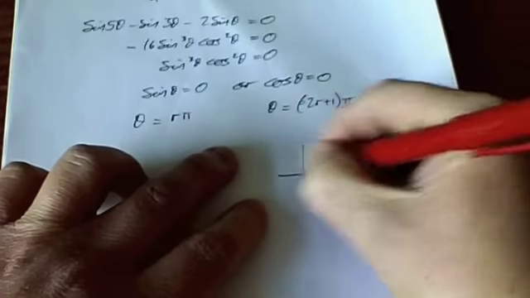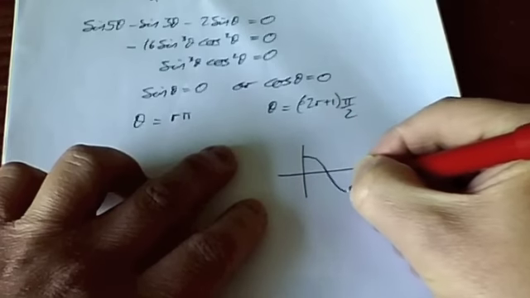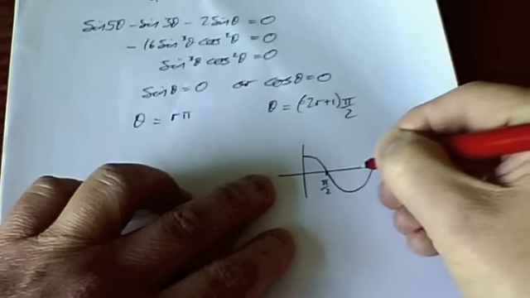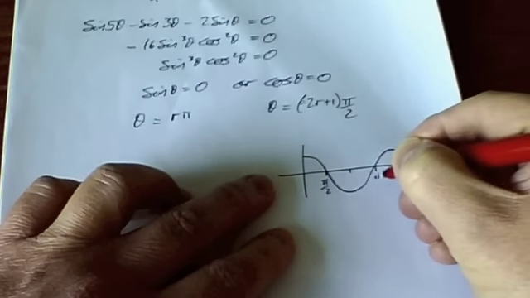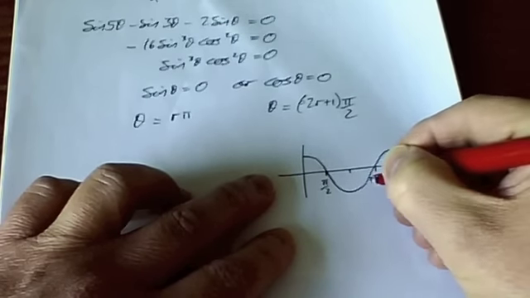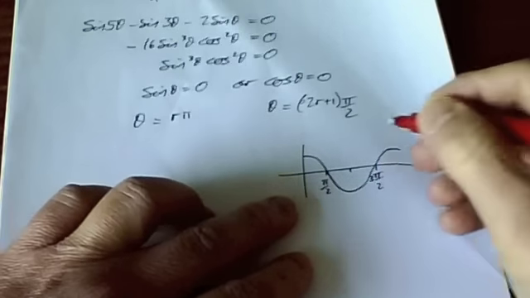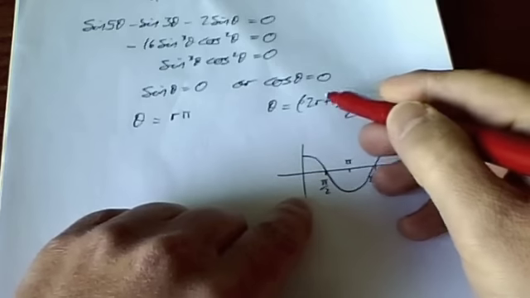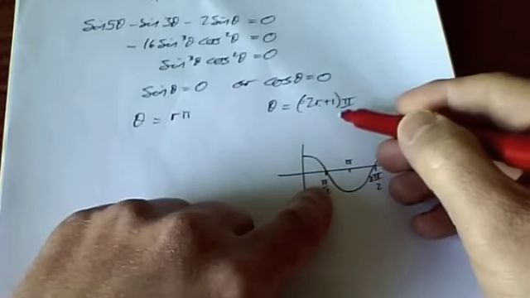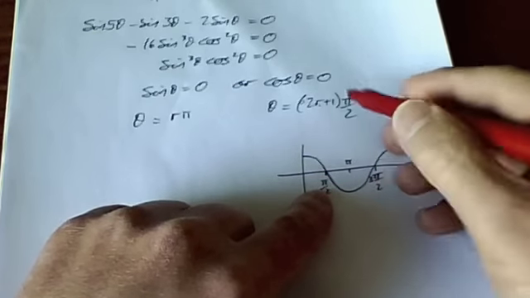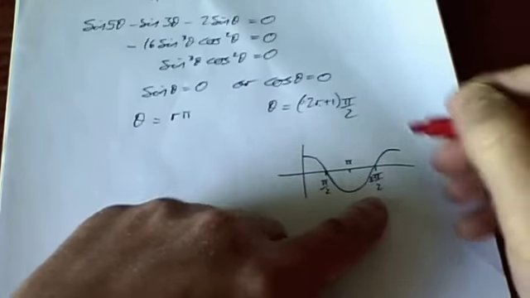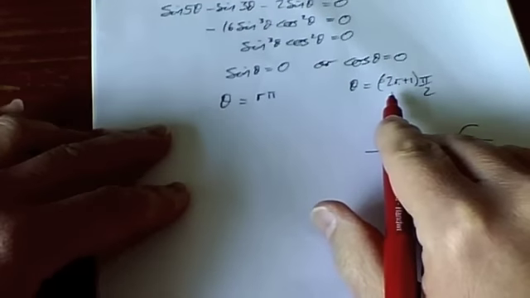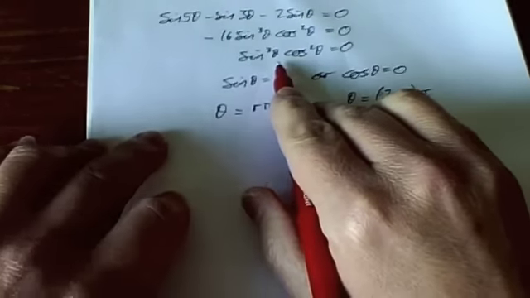Let's sketch it and show you what I mean. So you've got pi by 2 there, and then 3 pi by 2, and so on, and then you've got pi in the middle. So when r is 0, you get this first root here. When r is 1, you get the 3 pi by 2, and so on. So under these two situations, this is true.